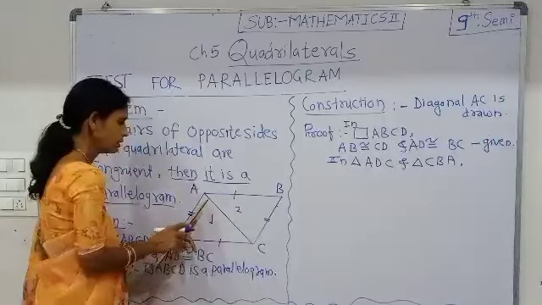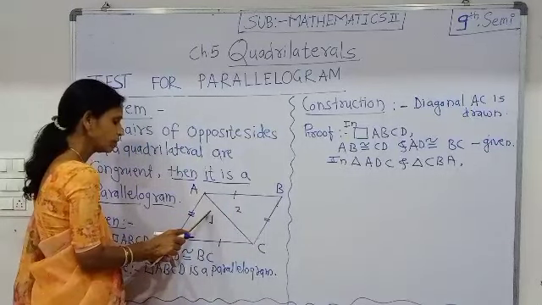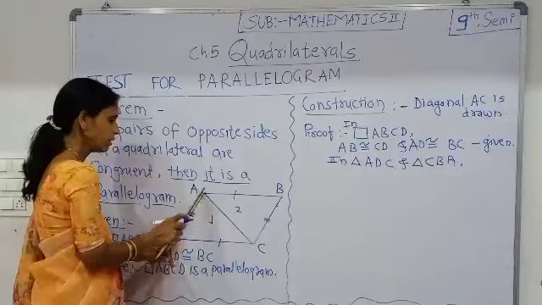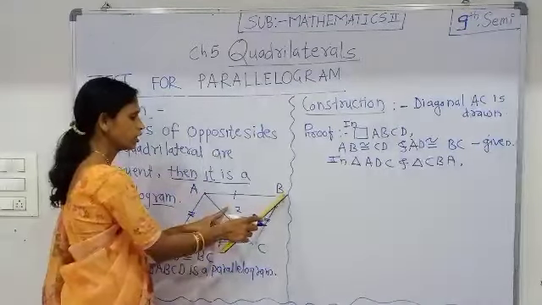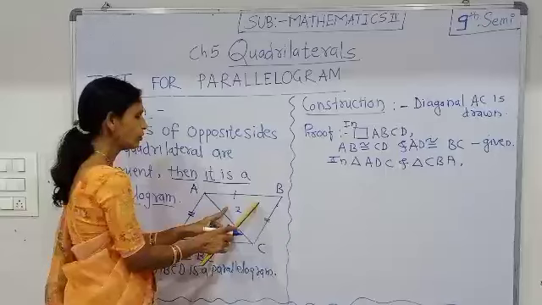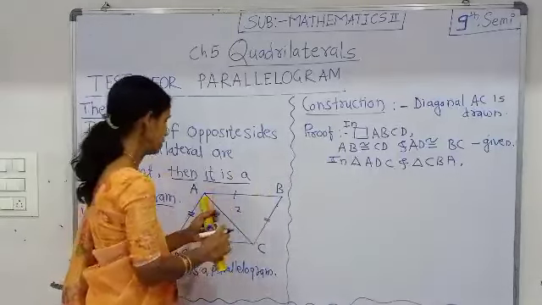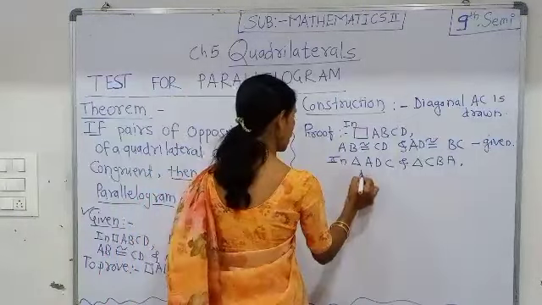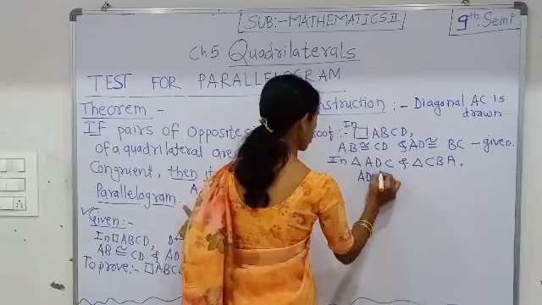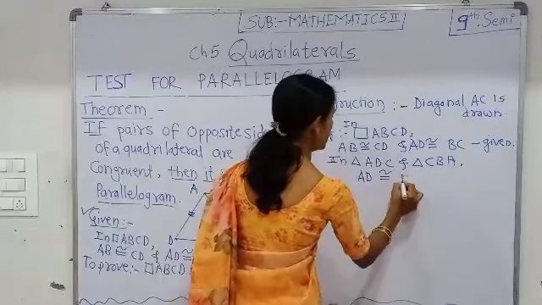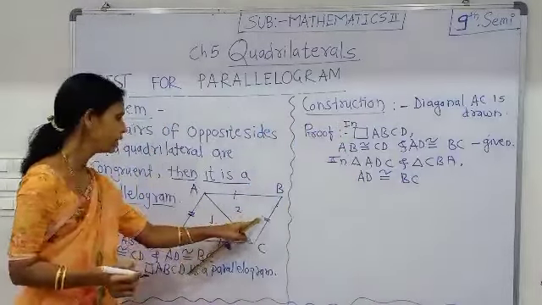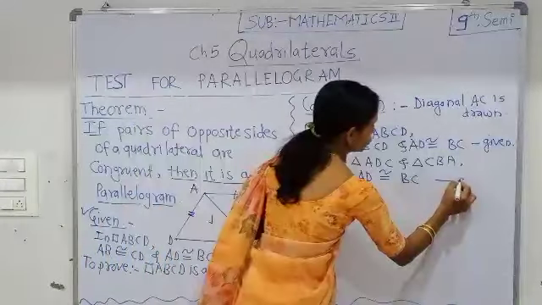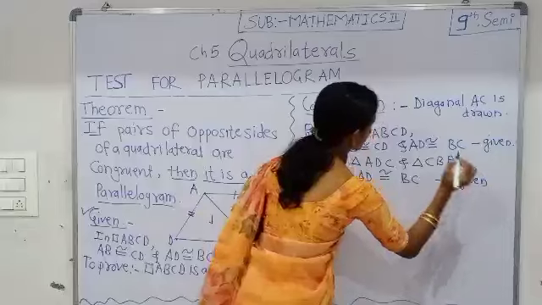See here, this side of triangle ADC is congruent with the side BC of triangle CBA. Therefore, see here, AD congruent BC, which is given.